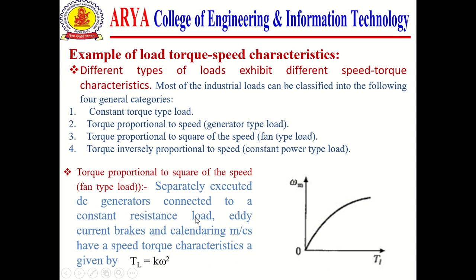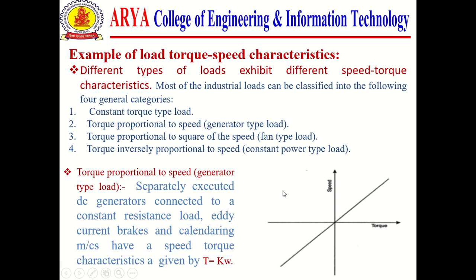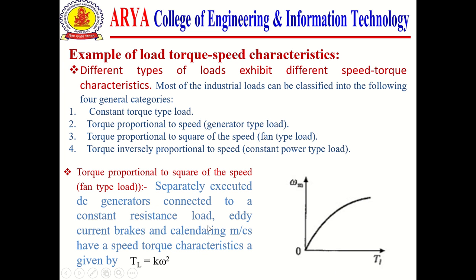Third, the torque proportional to the square of the speed type. So here the speed is directly proportional to torque squared. This characteristic now comes here.